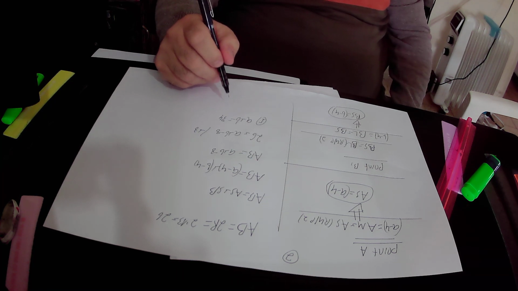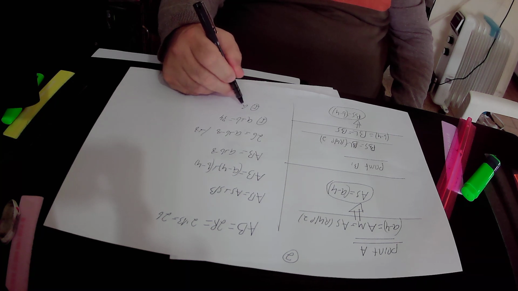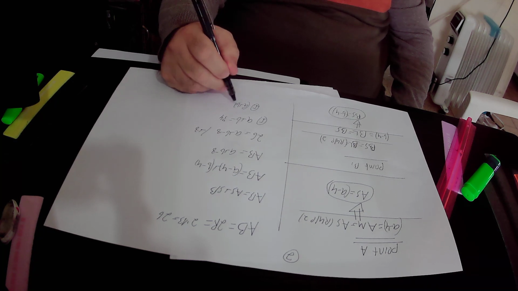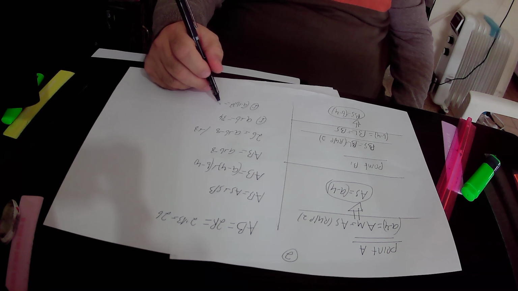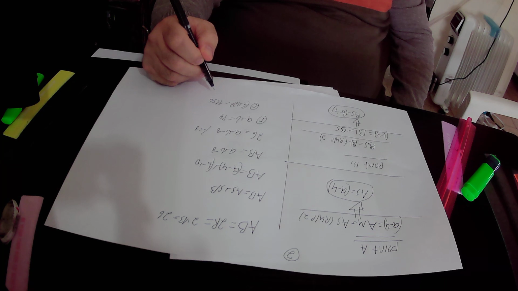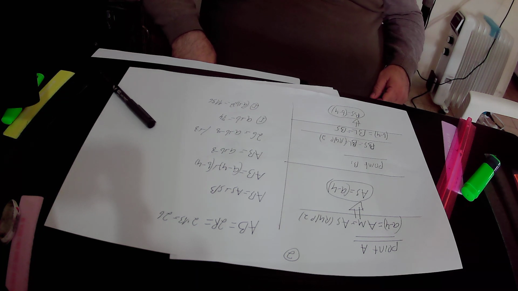Here we'll square equation number 1, and we'll get that A plus B squared equals 34 squared, that is actually 1156. So A plus B squared equals 1156.